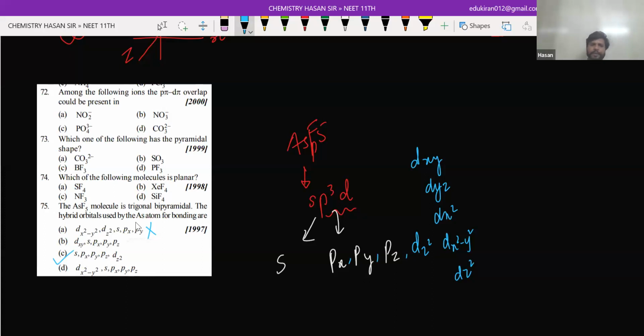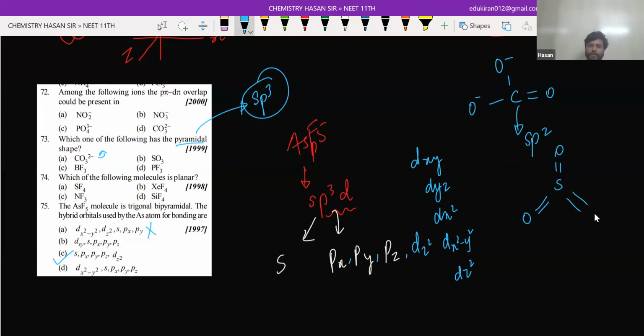Yes, sir. Pyramidal structure, that means, very simple. Geometry should be tetrahedral. sp3 is your hybridization. If you calculate for CO3 2-, which has a structure like this, the hybridization comes out to be sp2. For SO3, again there is no lone pair, three sigma bonds, again it will be sp2.